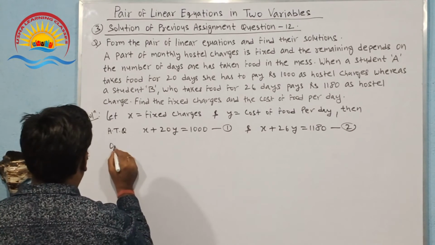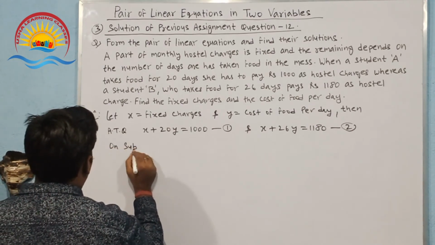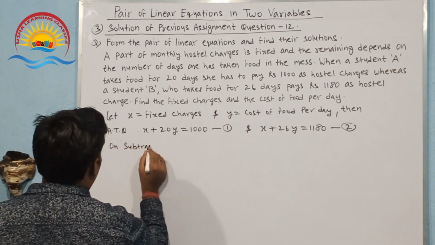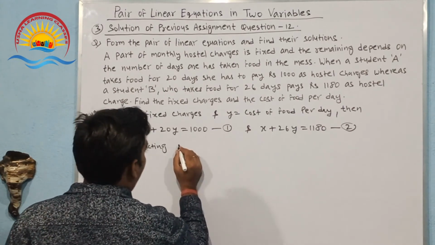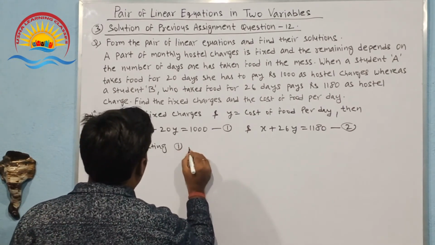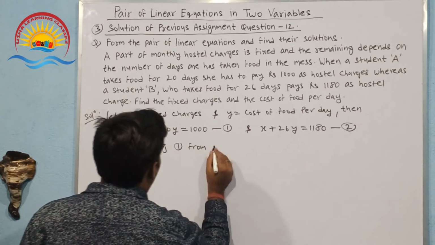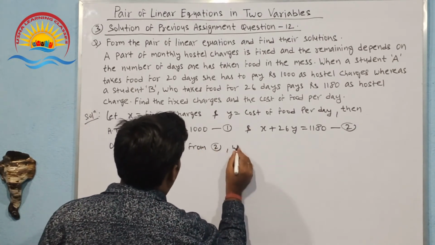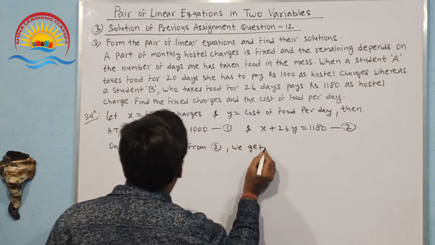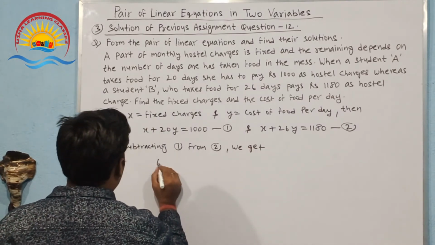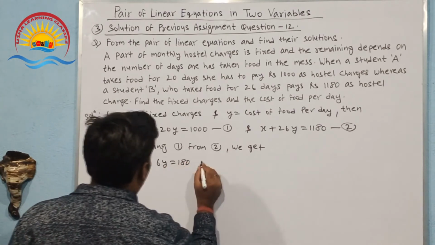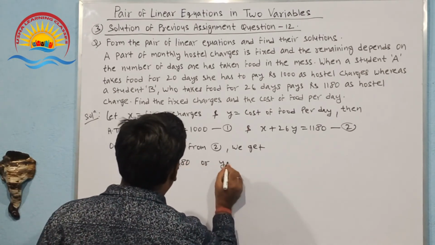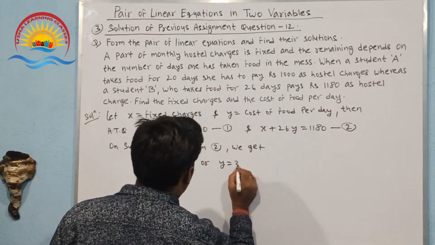On subtracting 1 from 2, we get 6y equal to 180 or y equal to 30.